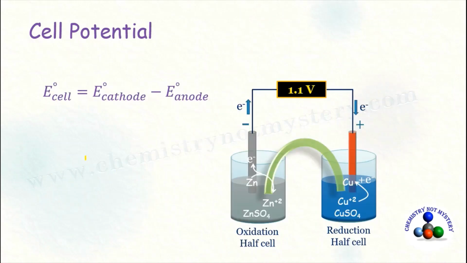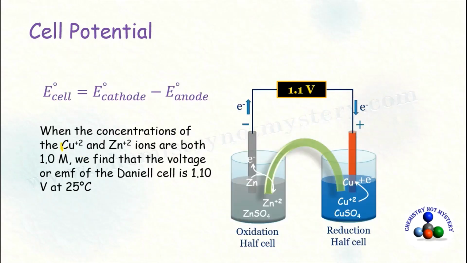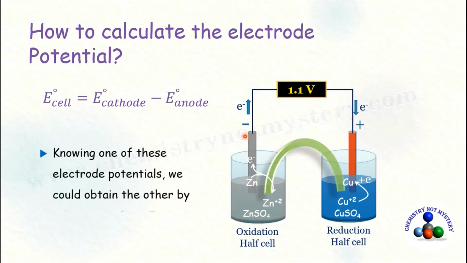In case of Daniell cell, when the concentration of Cu2+ and Zn2+ ions are both 1 molar, cell potential of Daniell cell is found to be 1.1 volt at 25 degrees centigrade. So by voltmeter we can measure the E cell. And if we know either of the electrode potentials, we can calculate the other one by subtracting it from the E cell.